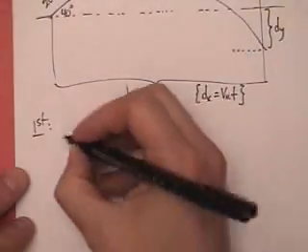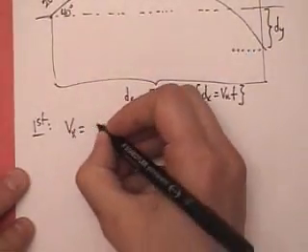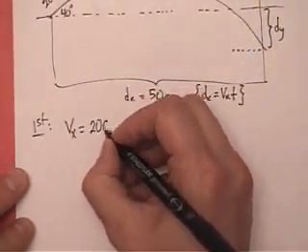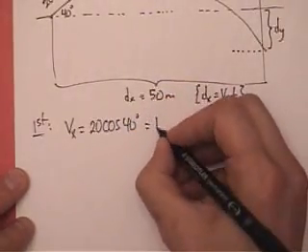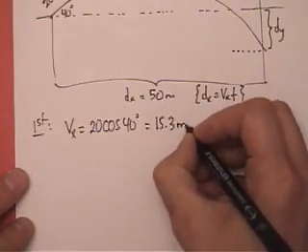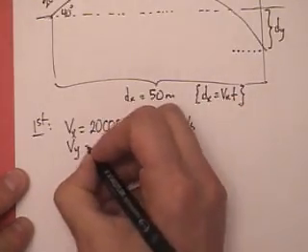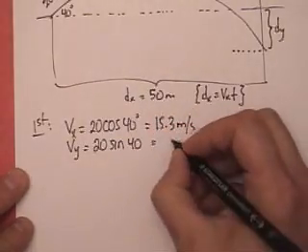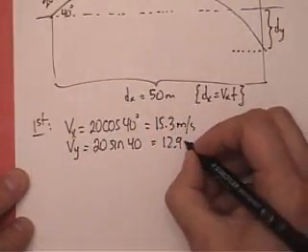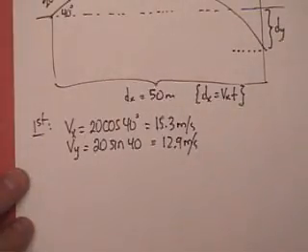First and always, vx is 20 cosine of 40 degrees, which ends up equaling 15.3 meters per second. vy is 20 sine of 40, which ends up equaling 12.9 meters per second.